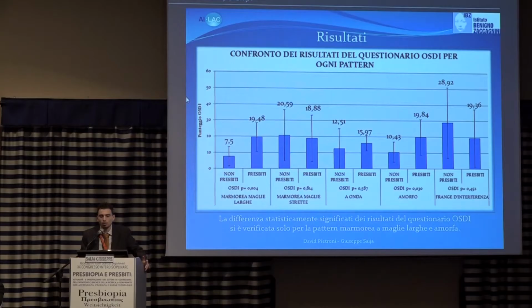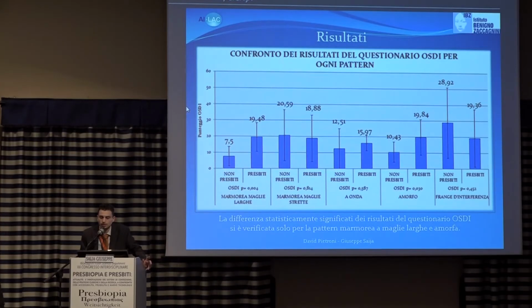Well, this one corresponds to more symptoms. And indeed, this pattern has mild or slight lipid coverage, which could favor the evaporation of the underlying aqueous component with destabilization of the tear film. Presbyopes having this pattern had much lower average NIBUT and BUT.